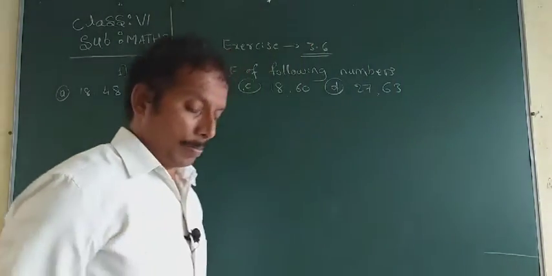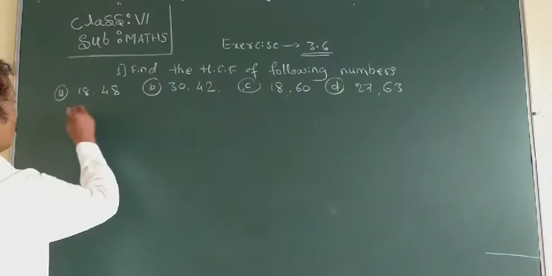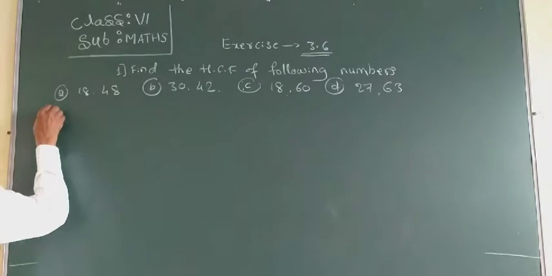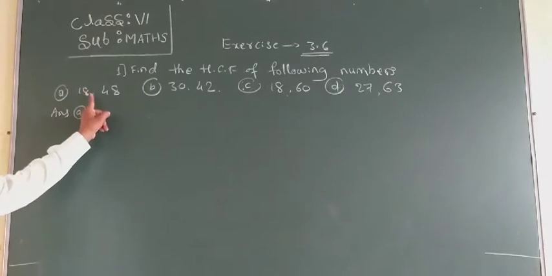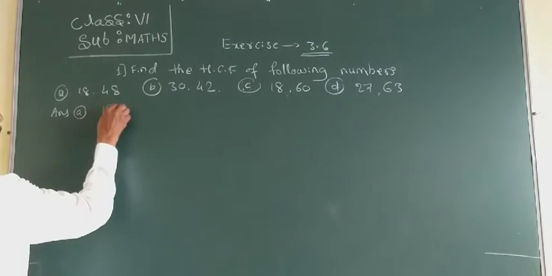Take these one by one. First, answer A. The given two numbers are 18 and 48.